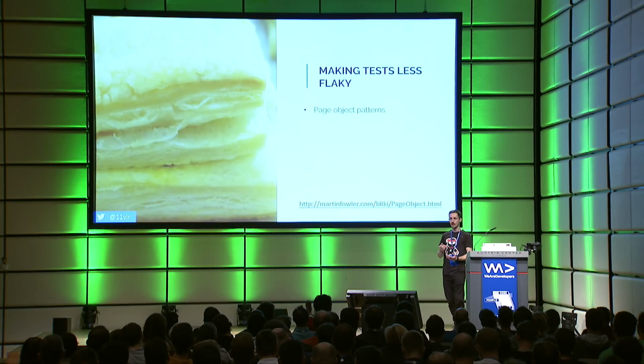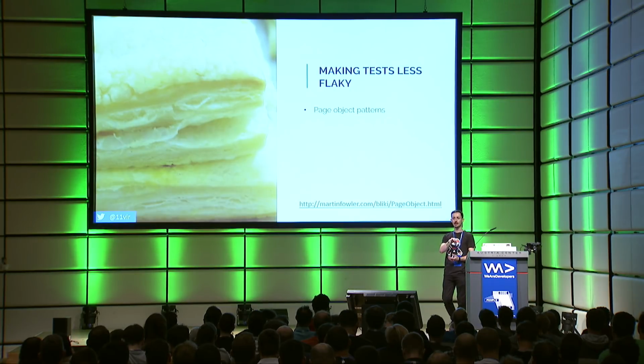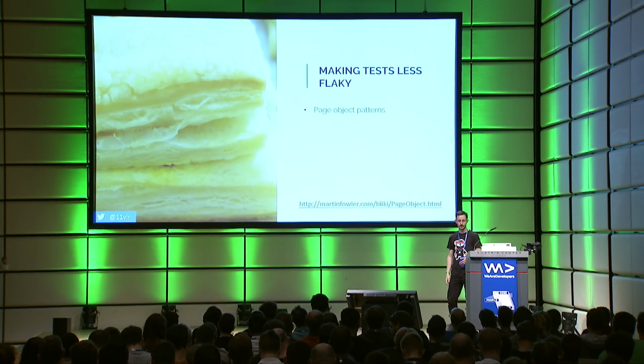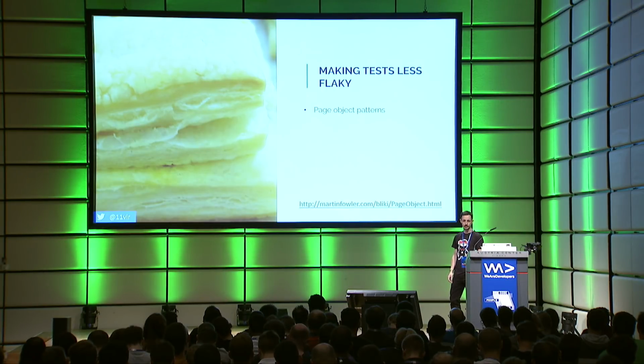If you find the way in which you interact with an element on a page, you're doing that in more than 1 or 2 tests, you'll want to extract that element out into a page object. So if an ID or something changes for that element, you just change it in the one place, and everything is easier to maintain. It helps with things like KISS and DRY, keeping it simple and not repeating yourself in your code.